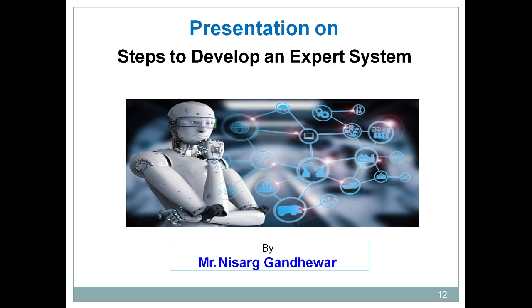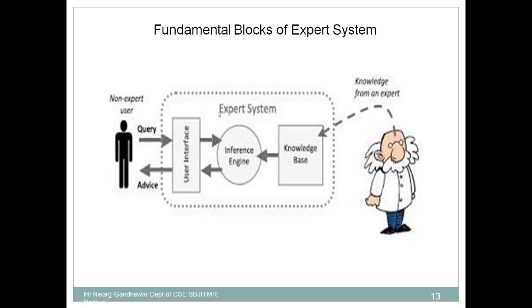One is an intelligent system and the second one is a knowledge based system, or domain knowledge system. The intelligent system is a generalized one, whereas an expert system is developed by considering a particular domain. Let's say medical is one domain, finance is another domain, insurance is another domain. So an expert system is developed for a specific domain. Here we are going to discuss the steps.